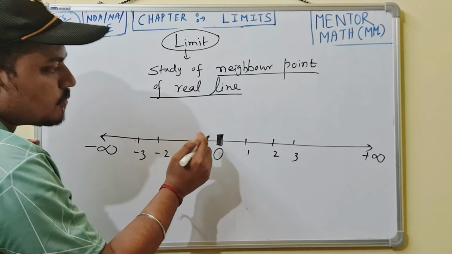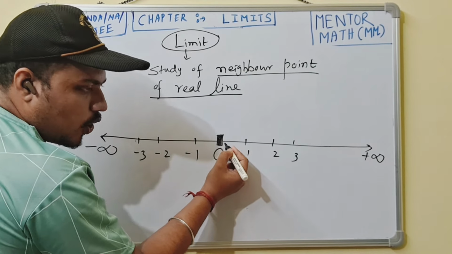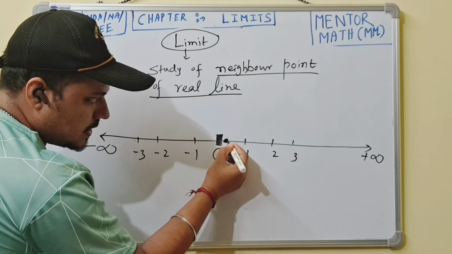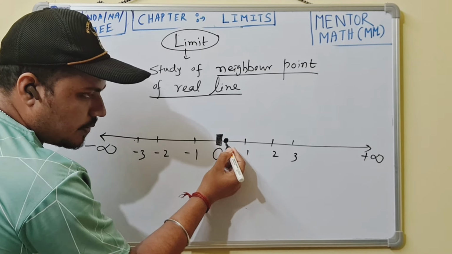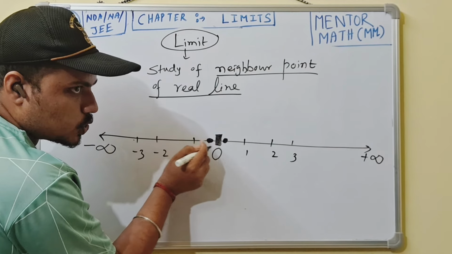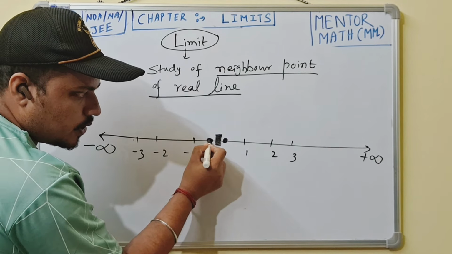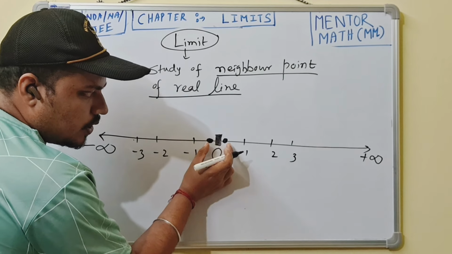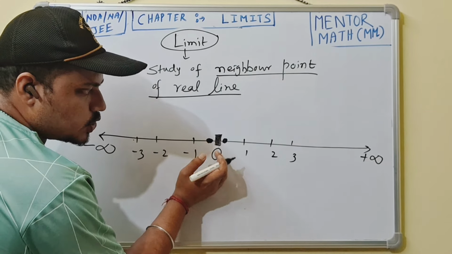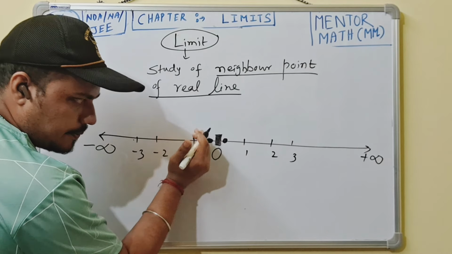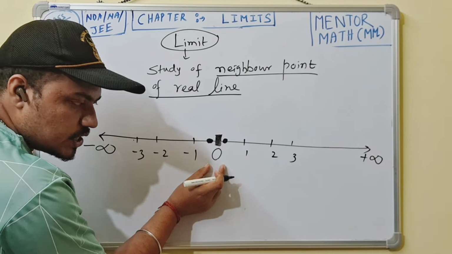One is the right-hand side neighbor of 0, and there is also a neighbor point on the left, a close point. So there are two neighbor points for the point 0: one from the right side and one from the left side.